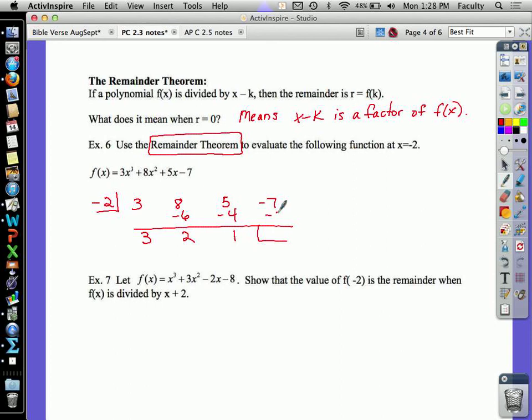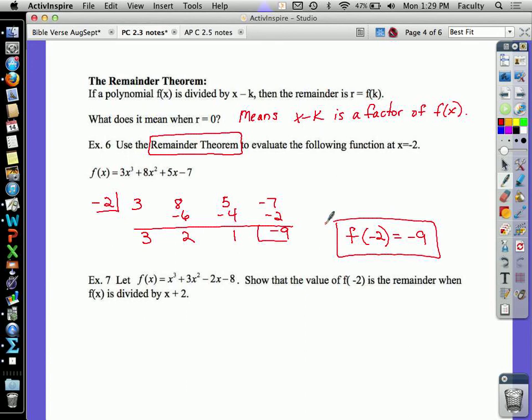Add the column. So f of negative 2 equals negative 9. On the next quiz, if you do direct substitution, you're going to lose all the points, because that's demonstrating you don't understand what the remainder theorem is. You need to make sure you're doing synthetic division and showing that the remainder is the same thing as f of negative 2, okay?